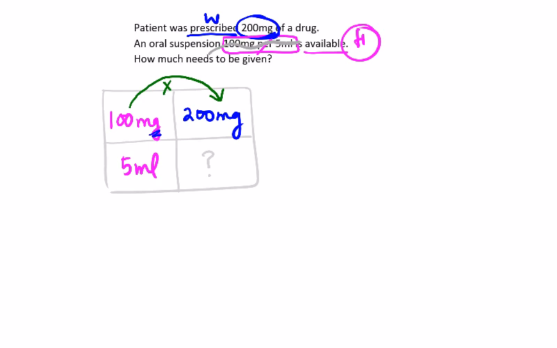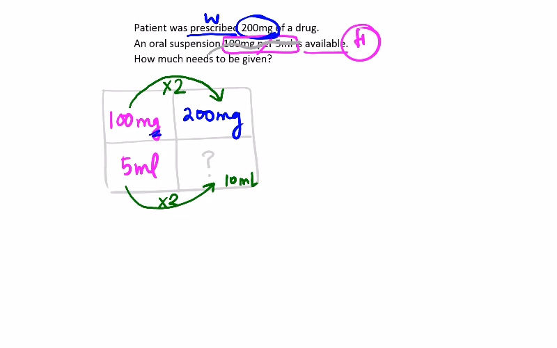If we look carefully, it's actually being doubled, so it's been multiplied by 2. So the 5 milliliters must follow exactly the same proportion. We would need to multiply it by 2 as well, which would give us 5 times 2, 10 mils. So this one we could even just do in our heads.